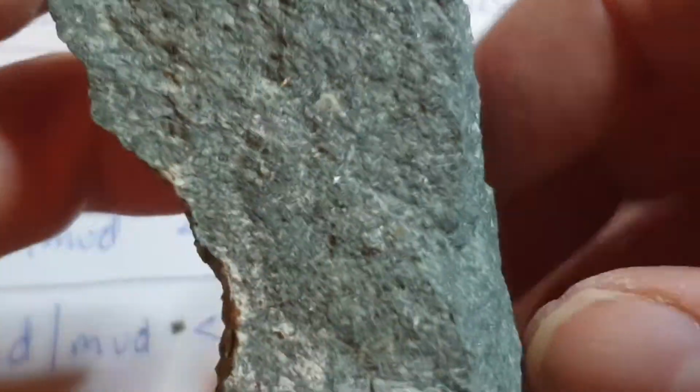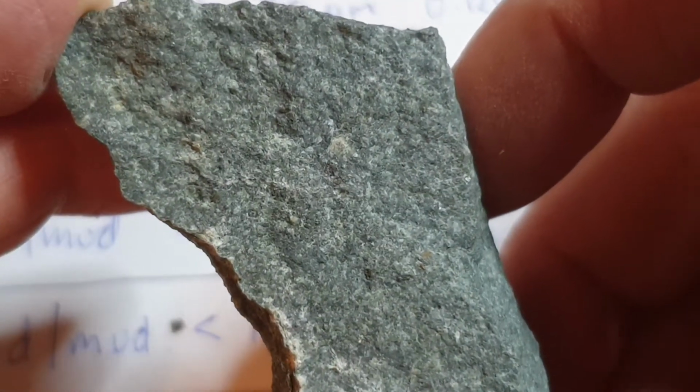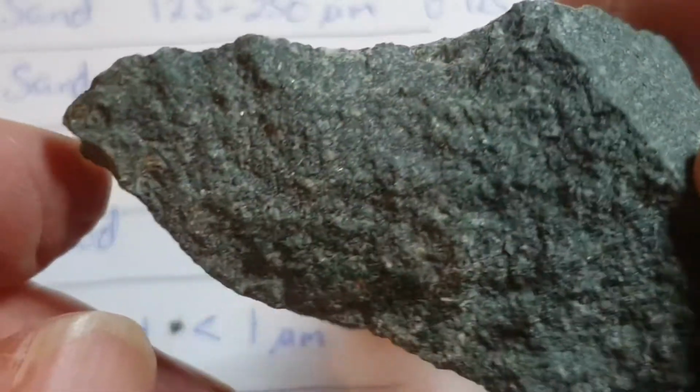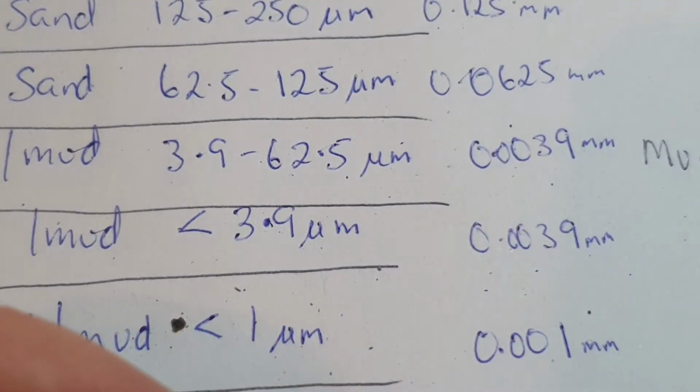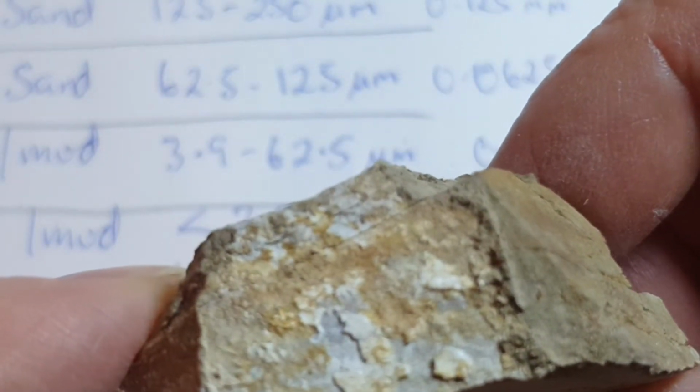So this is more mafic, so it has more iron and magnesium in it. That's why it's a dark color. So that one, it's not a sedimentary rock.